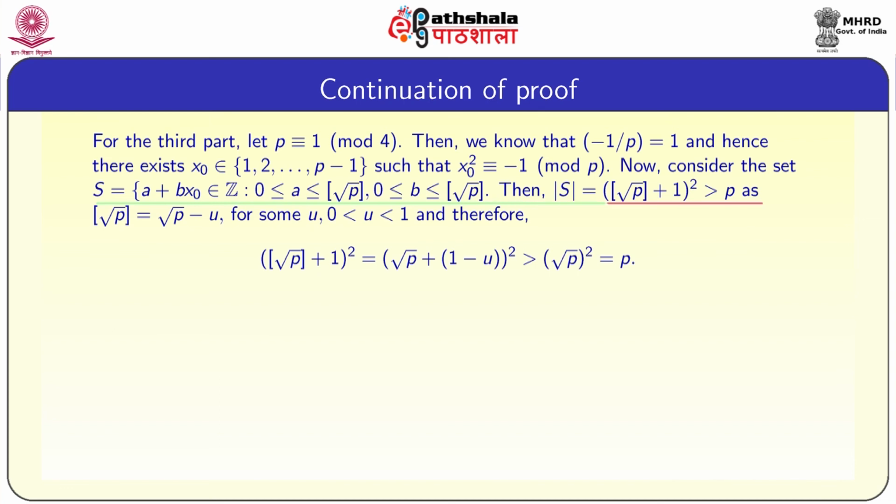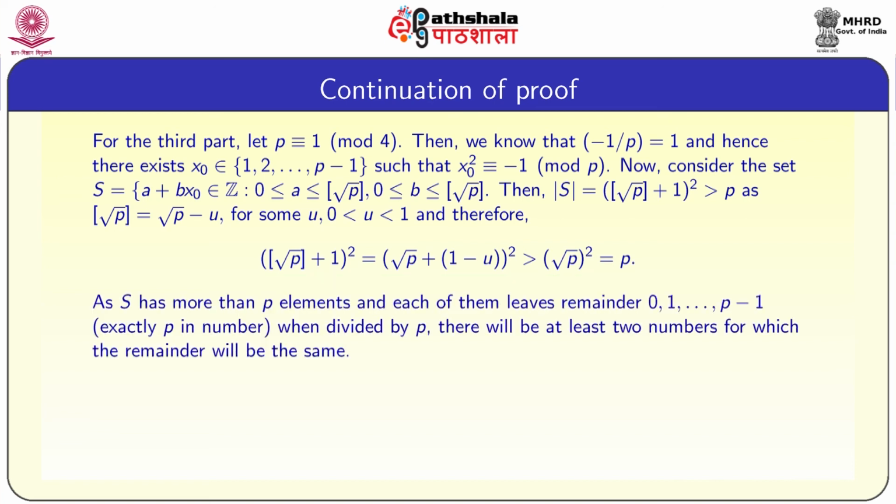Then the size of S is equal to the greatest integer of root p plus 1, whole square, which is greater than p, as the greatest integer of root p is equal to root p minus u for some u strictly between 0 and 1. Therefore, the greatest integer of root p plus 1, whole square, is equal to root p plus 1 minus u, whole square, which is greater than root p whole square, which is equal to p.